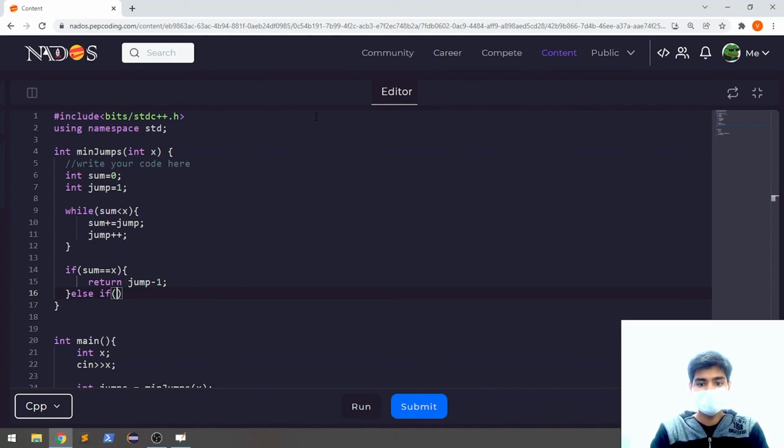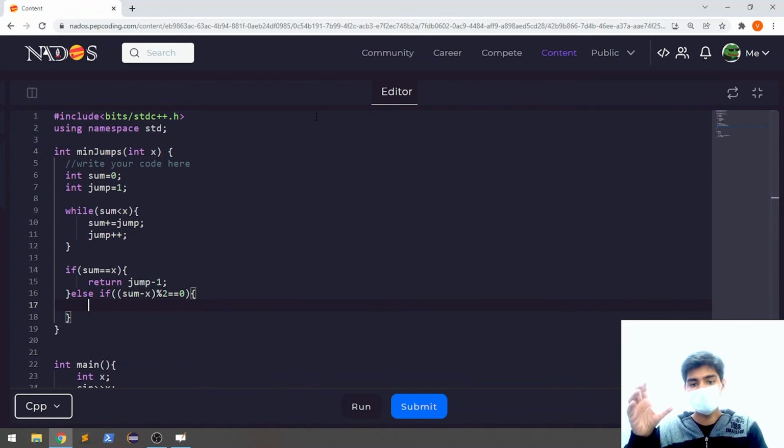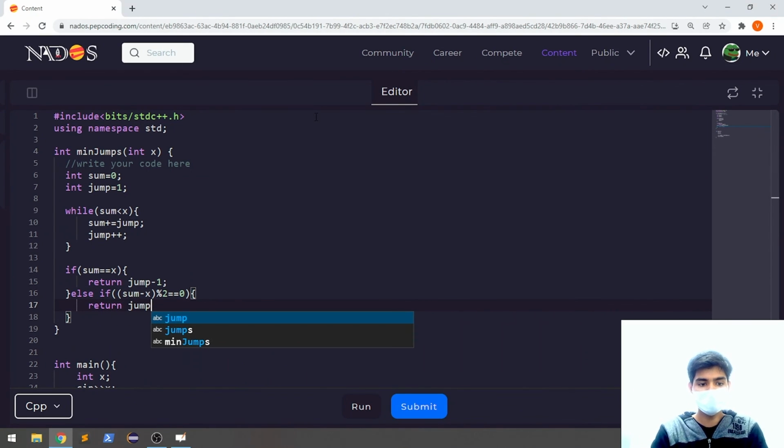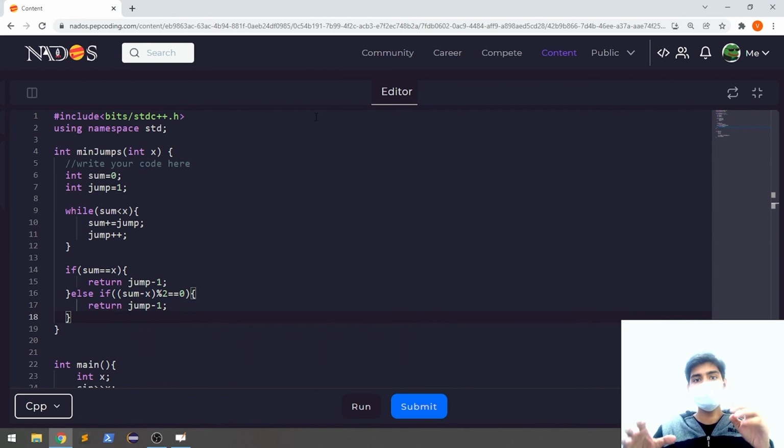Else if my sum minus x, modulo 2 is 0, then I also return jump minus 1. It means that the distance between me and x is of even length.